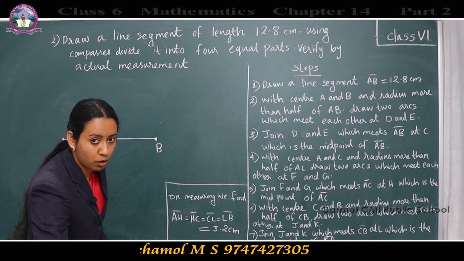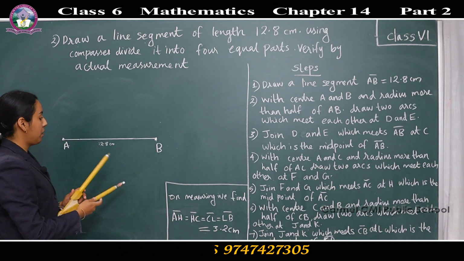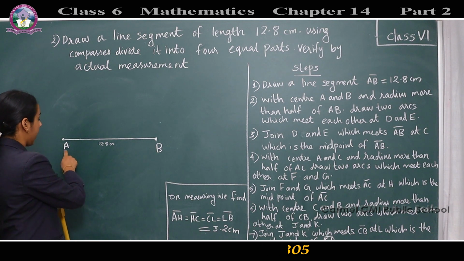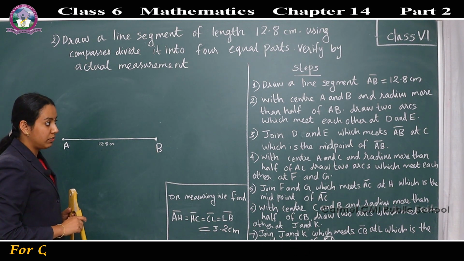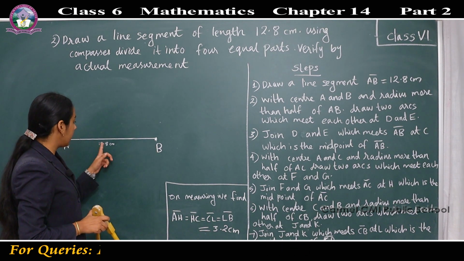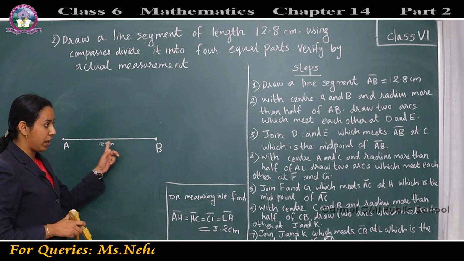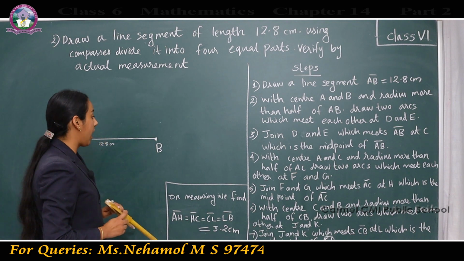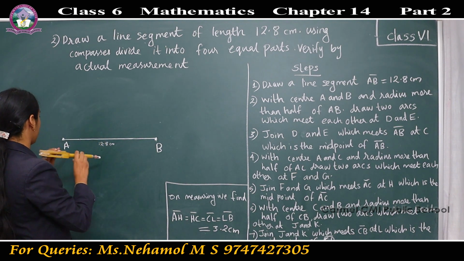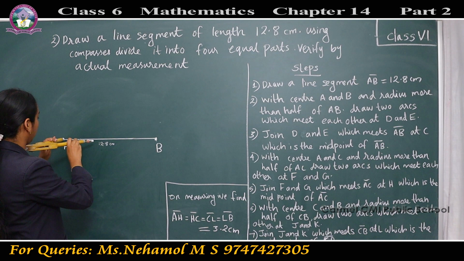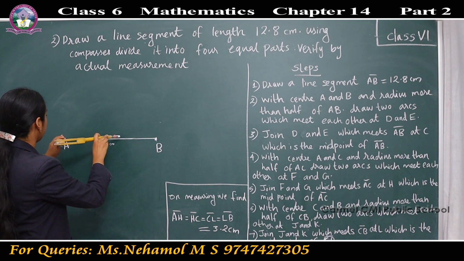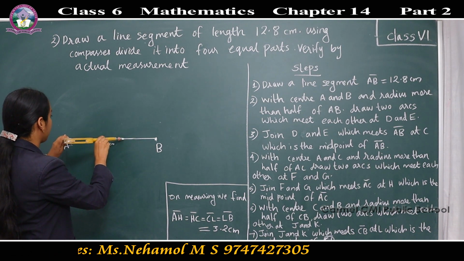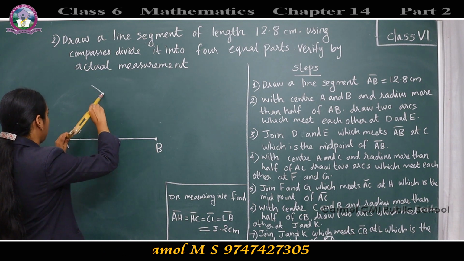Then we have to draw the perpendicular bisector, with centers A and B and a radius more than half of AB. Draw two arcs which meet each other at D and E. So, place the pointer at A, take radius more than half of AB, draw an arc.